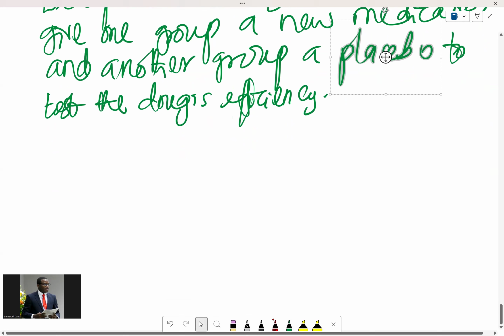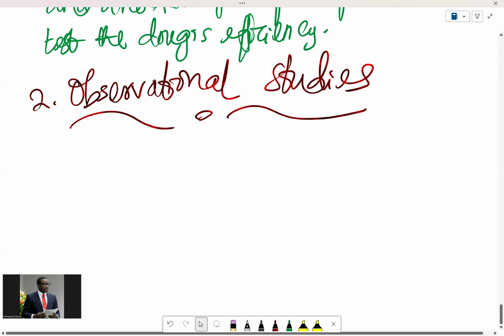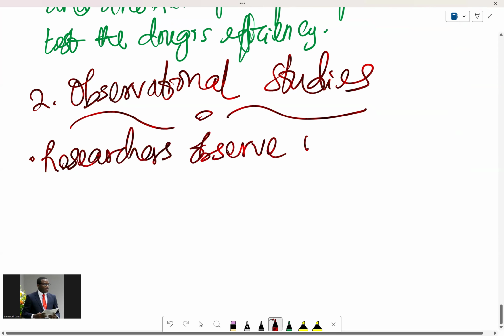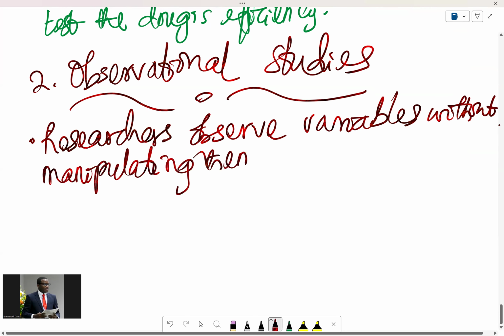Okay. So let's talk about observational studies. So you see, researchers observe variables without manipulating them. So in this case, it's not like in the case of an experiment.